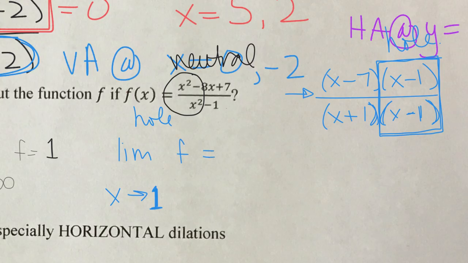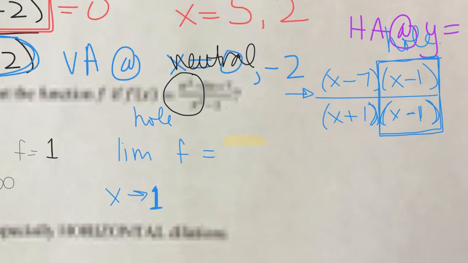Okay? And the answer is the y value for your hole. So we need to figure out what the y value is. Well, to do that, we plug positive 1 back into our equation of what's left, right? This is called your simplified expression. So (x minus 7) over (x plus 1).